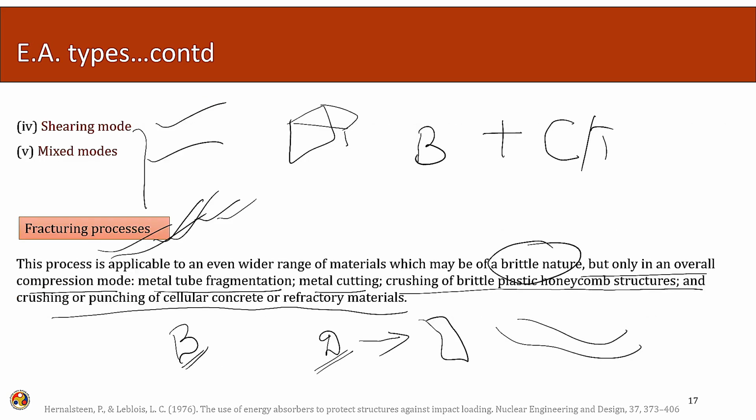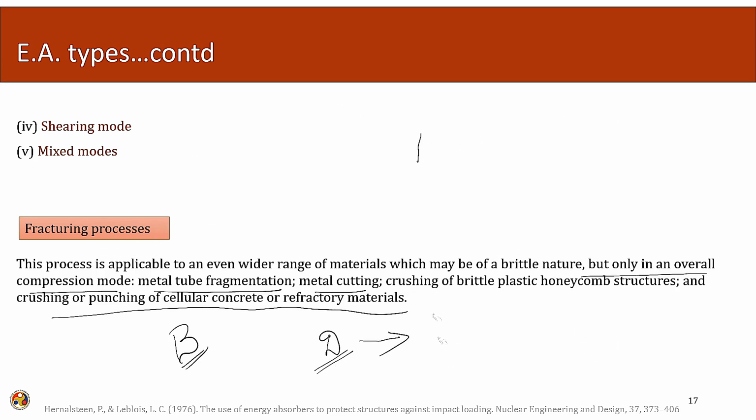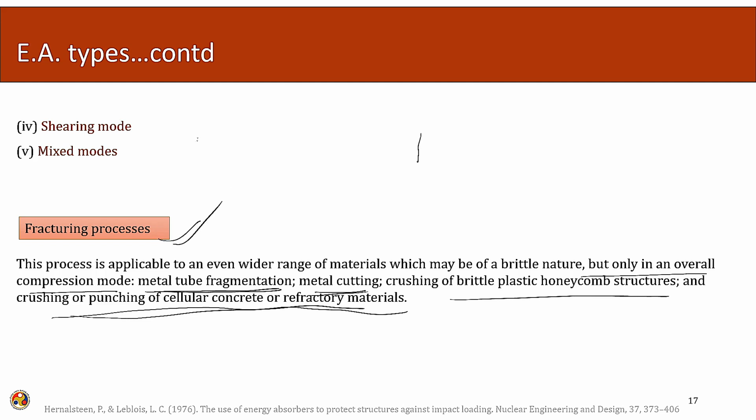The other type of deformation is the fracturing process in which brittle materials are involved, and different instances are given here, like metal tube fragmentation, metal cutting, crushing of brittle plastic honeycomb structure, and crushing or punching of cellular concretes. In this case the fracturing process occurs, which is in turn made up of a shear or a mixed mode failure.